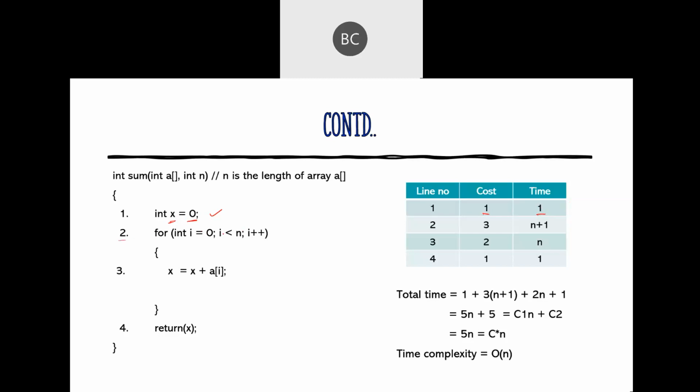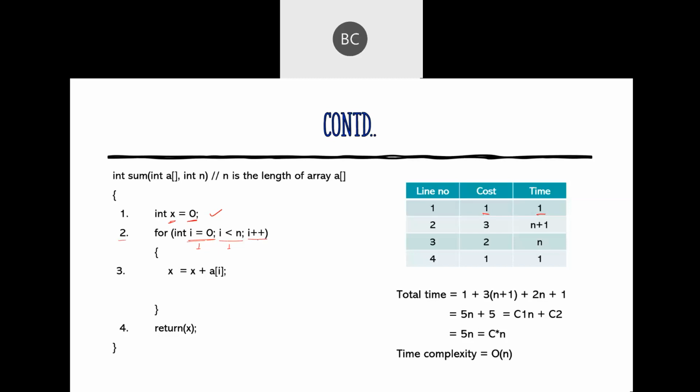Next comes number 2. What's happening in that? There are 3 operations inside your for. One is assignment: you are initializing the value i equal to 0. Then you are comparing the value of i to n. It's a logical operation, so it will take another 1 unit of time.